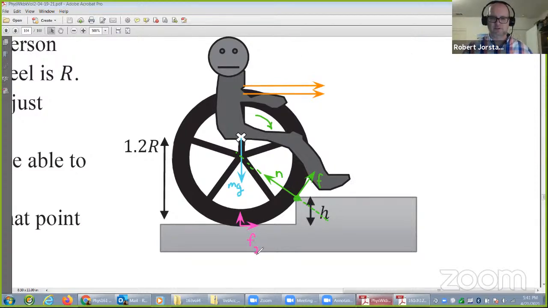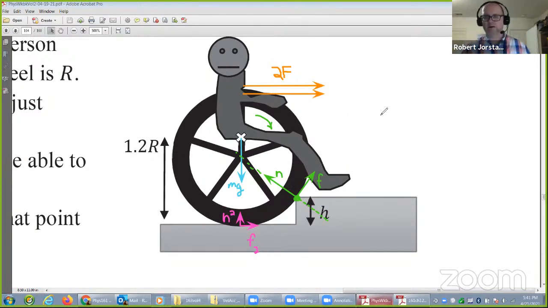So we'll call this one friction 2, and this one normal force 2. And I think that force up at the top was called F, though you could argue whether you want to call it F or 2F. All right. So that's the direction of the forces.